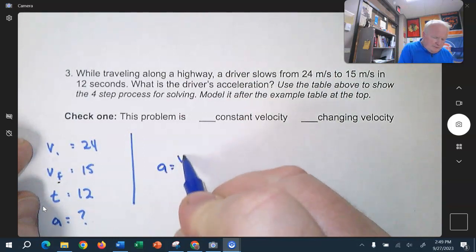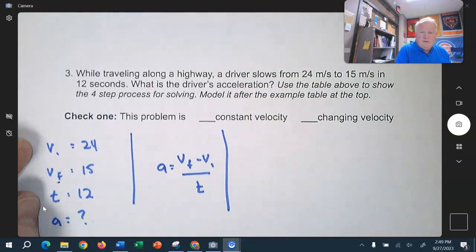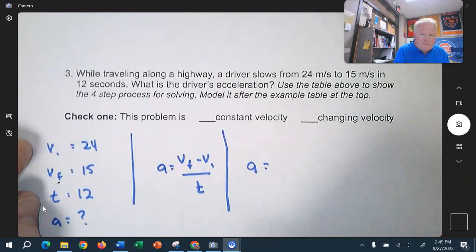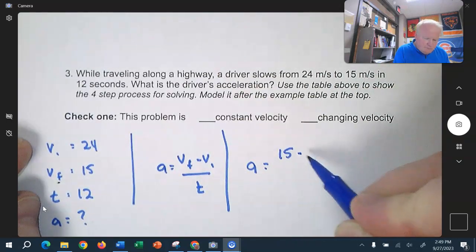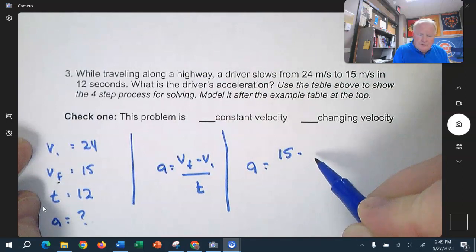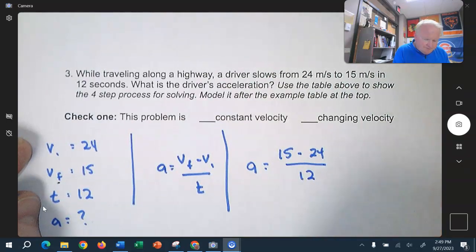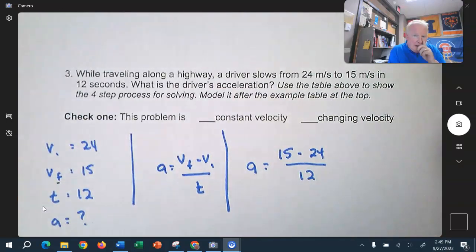So A is equal to VF minus VI divided by T. That's our equation. And then I'm going to substitute. A we don't know, so we'll leave it there. VF is 15, minus the VI, which is 24, divided by 12. All right, so now some of you guys might put this in your calculator and get, I think, 13.